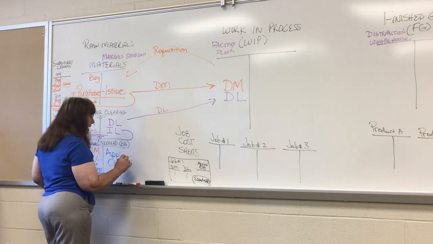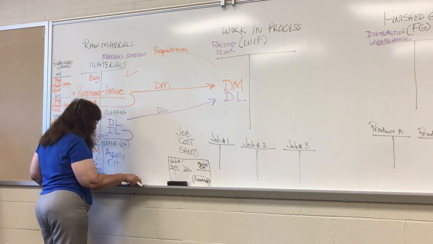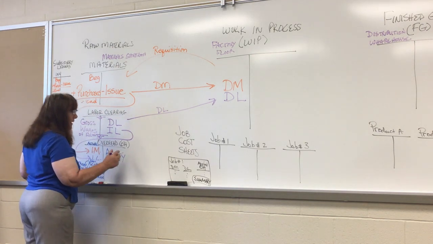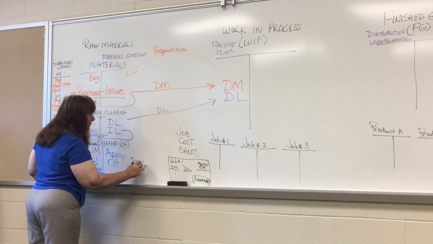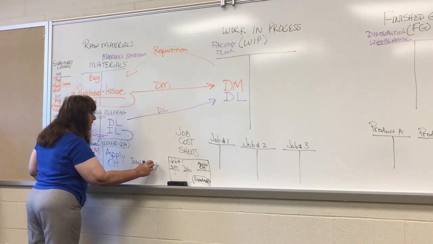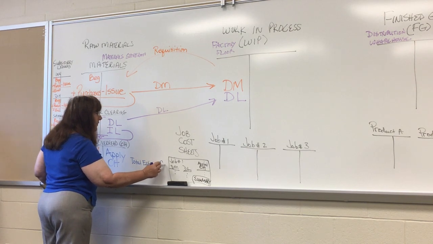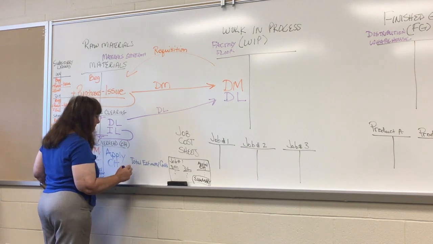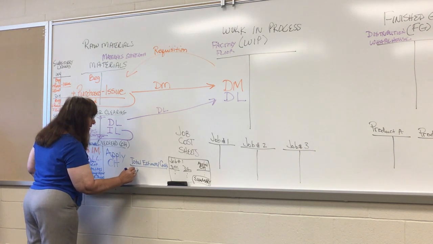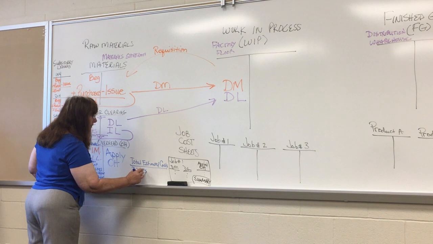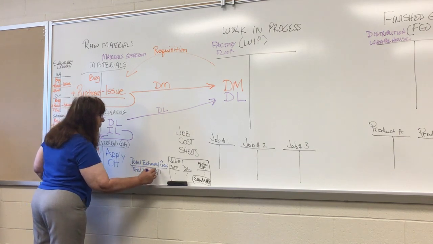So the formula, if we're going to just have one rate, okay, the formula is the total estimated costs divided by the total estimated driver.